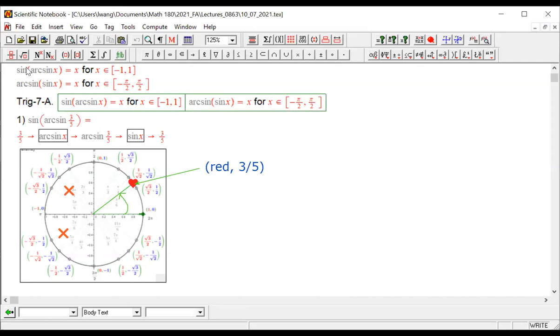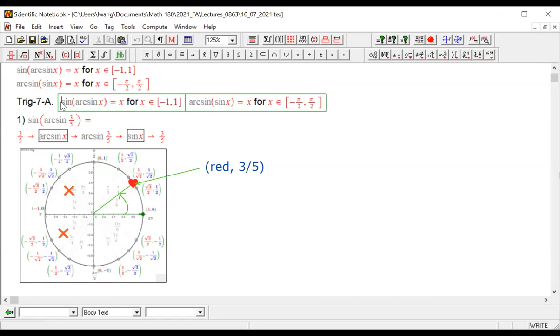Do you guys follow me? This is the process if you go through the ARD, DRA, right? But this also is told over here. That's a story being told. This story tells you, if this input ratio is between -1 and 1, sine of arcsine x is the same as x.